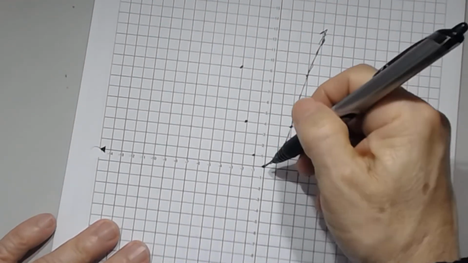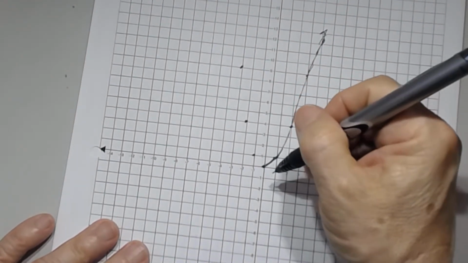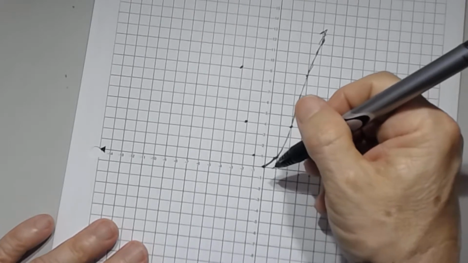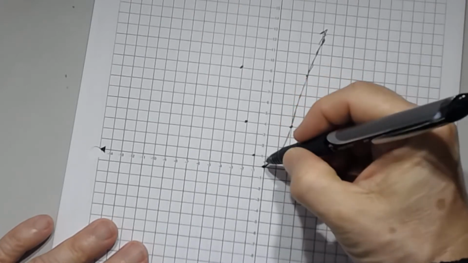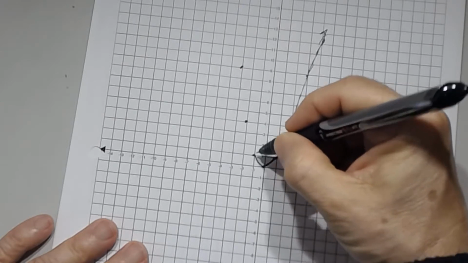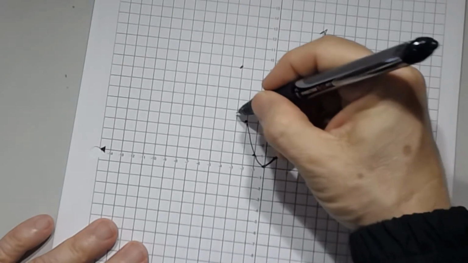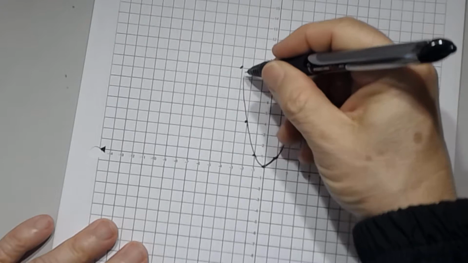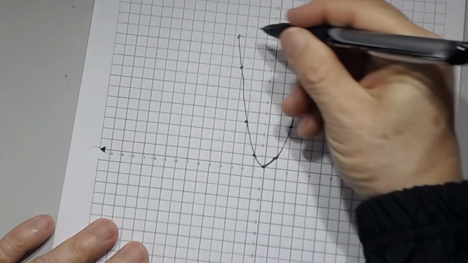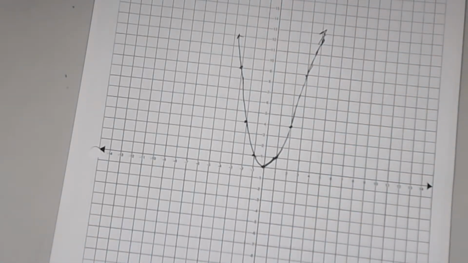With quadratic equations, there should be some symmetry involved to make it look symmetrical. So something like that.